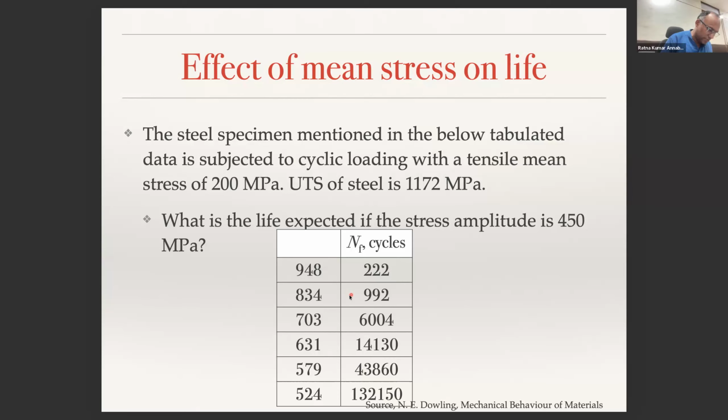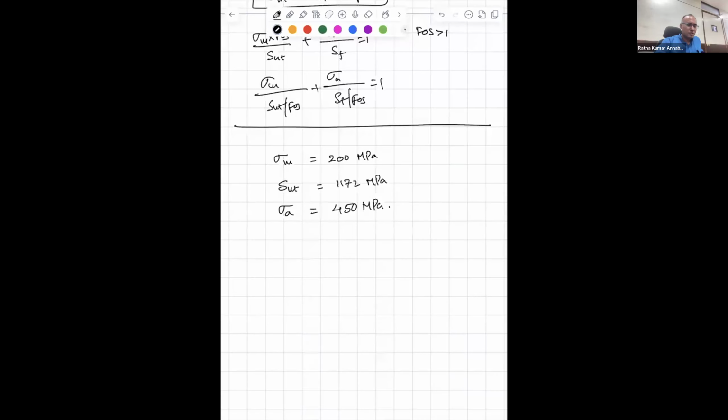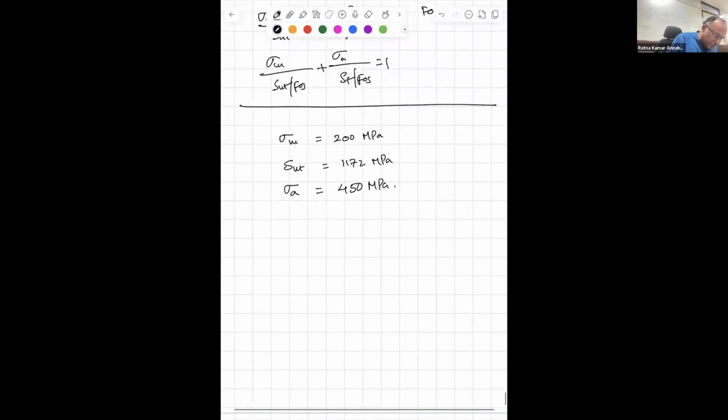So that's the data for the given table, given at sigma m equal to 0.